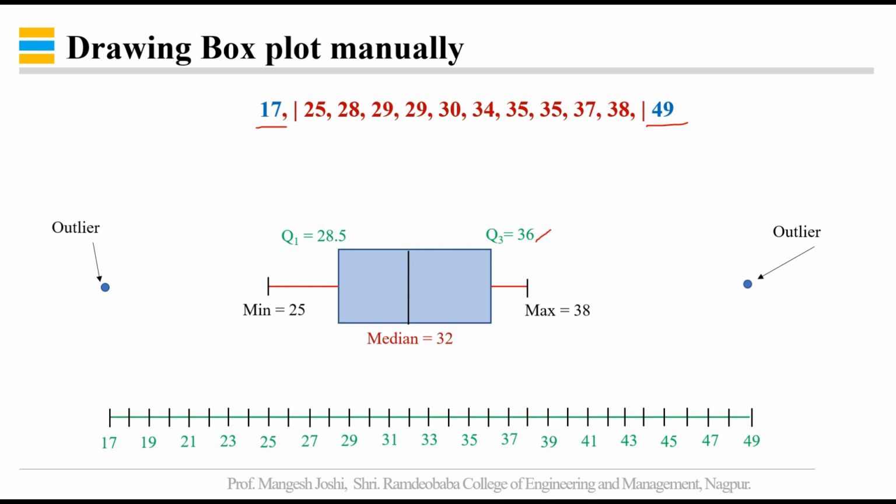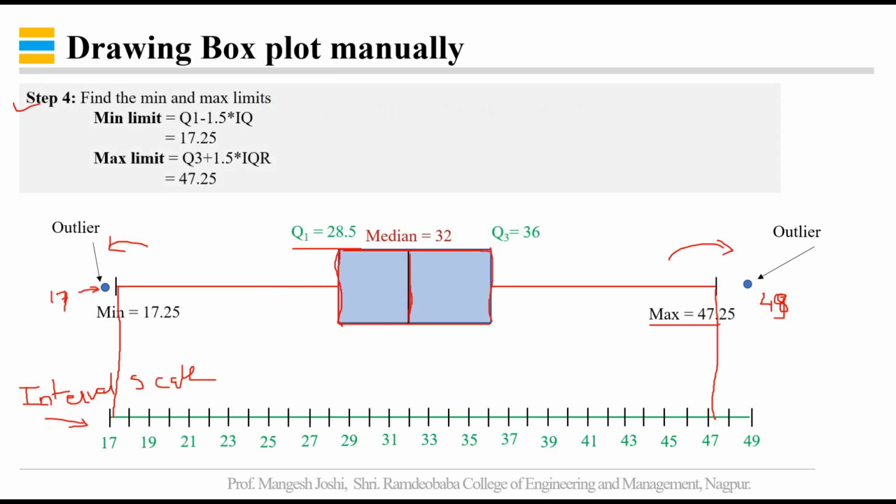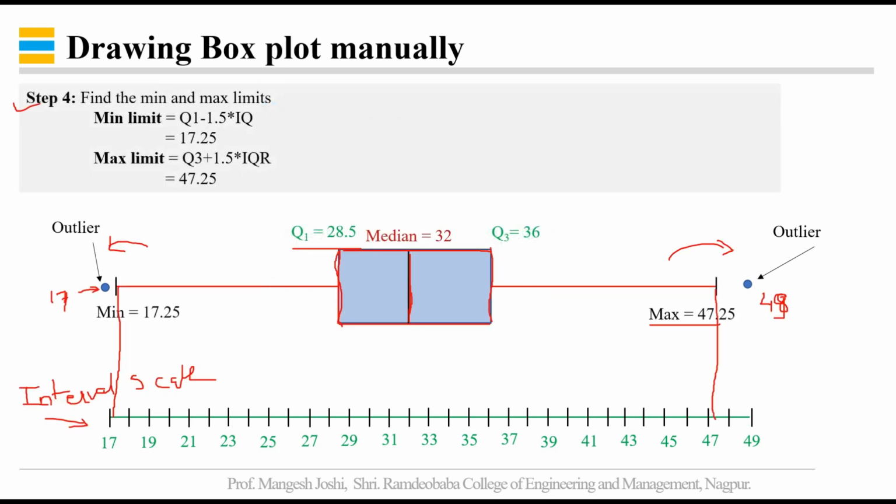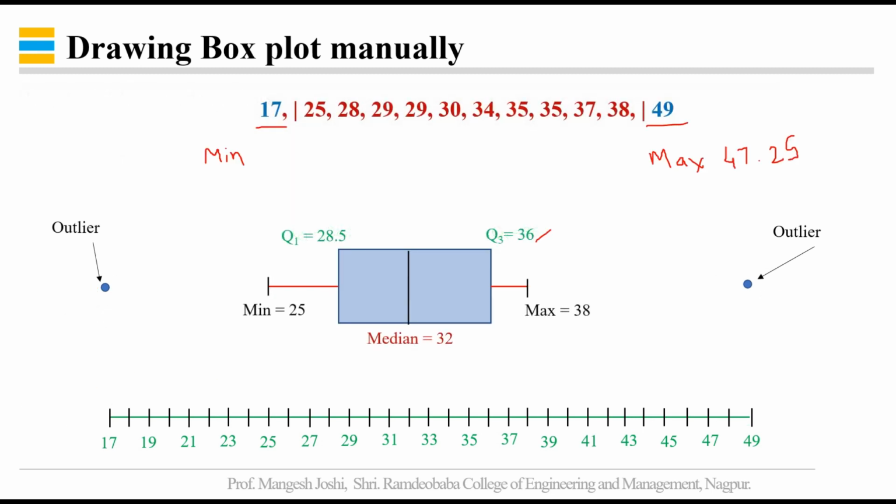Now whenever you are drawing the box plot, in this case we have written here 47.25, but whenever you observe the dataset, your maximum value calculated by the formula is 47.25 and minimum value calculated by the formula is 17.25, right?